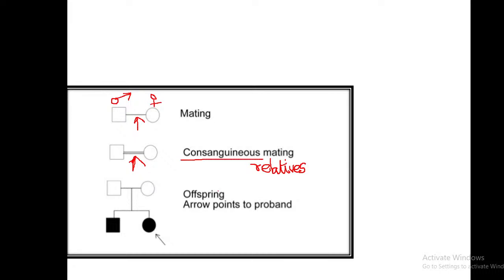That is consanguineous mating, where both the parents are having common ancestors. And for offspring, a line like this, and an arrow is used to highlight which individual is being referred to.